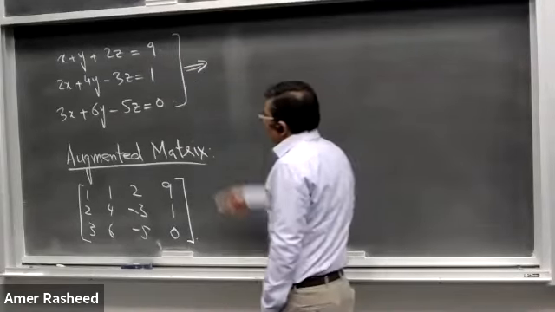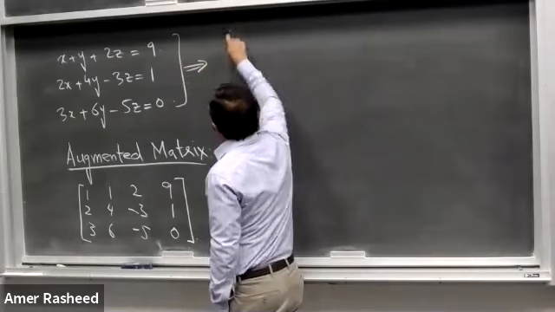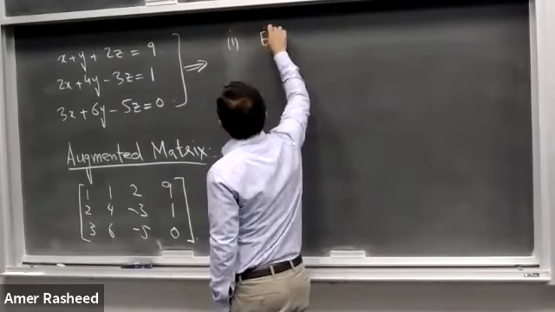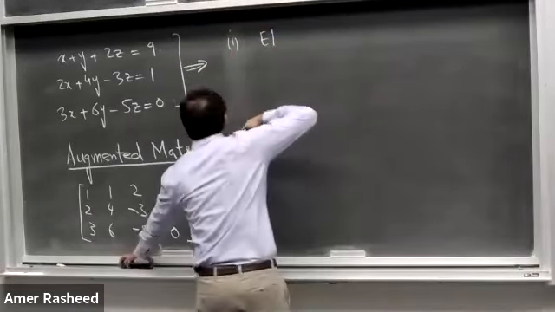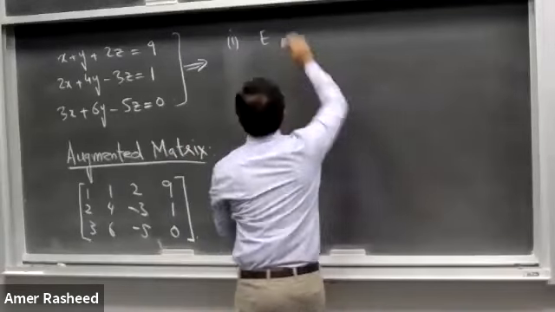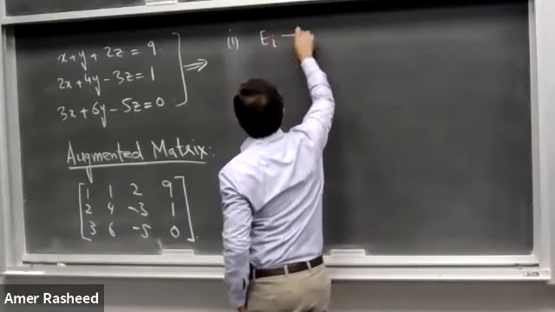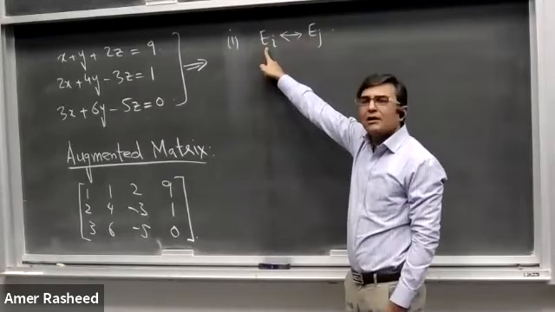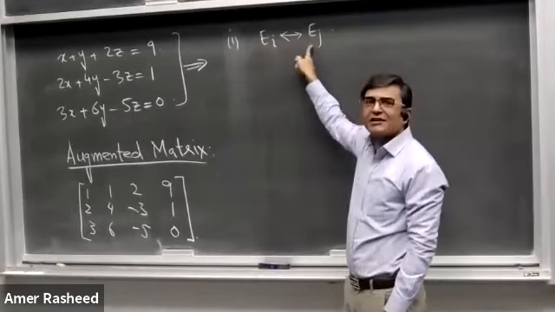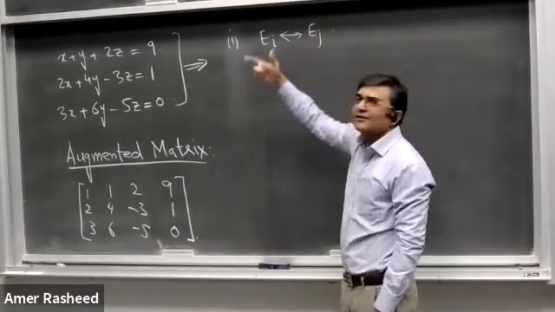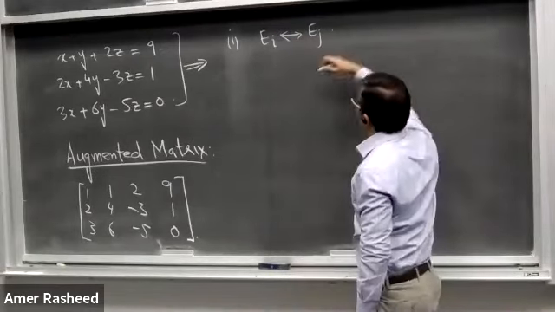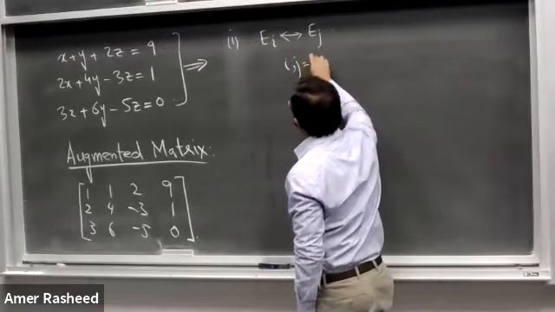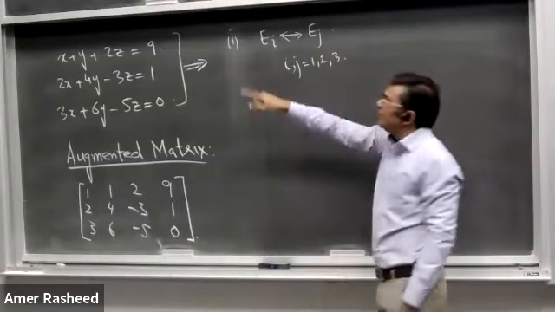Now, the operations which we mentioned there: you can say E_i interchange with E_j. Any row, any equation, you can interchange with another equation. I represents any equation, I is from 1 to 3 because this is a 3x3 system.